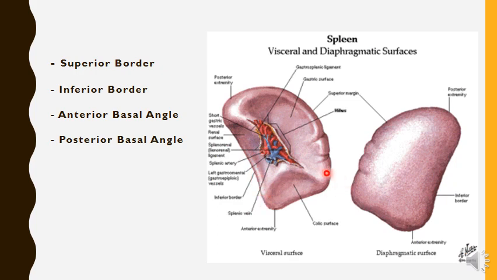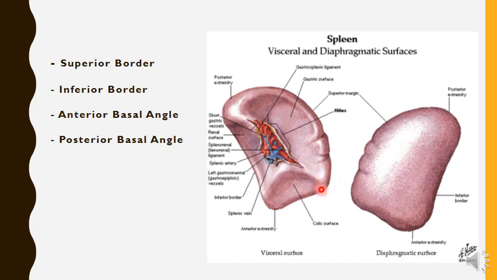And then the anterobasal angle. What is this anterobasal angle? The anterobasal angle separates the superior border from the anterior end, or connects this superior border with this anterior end. So this is called the anterobasal angle, and this angle is also called the clinical angle of the spleen.